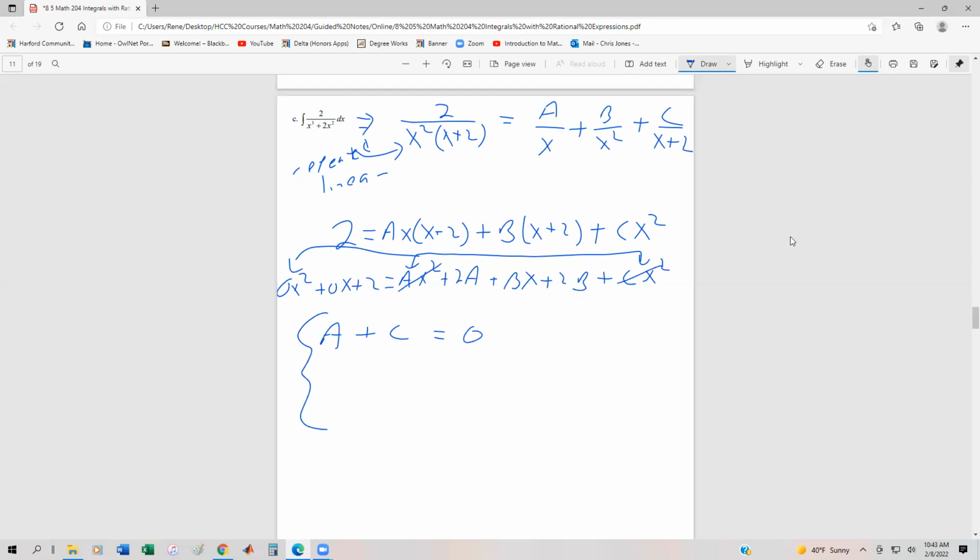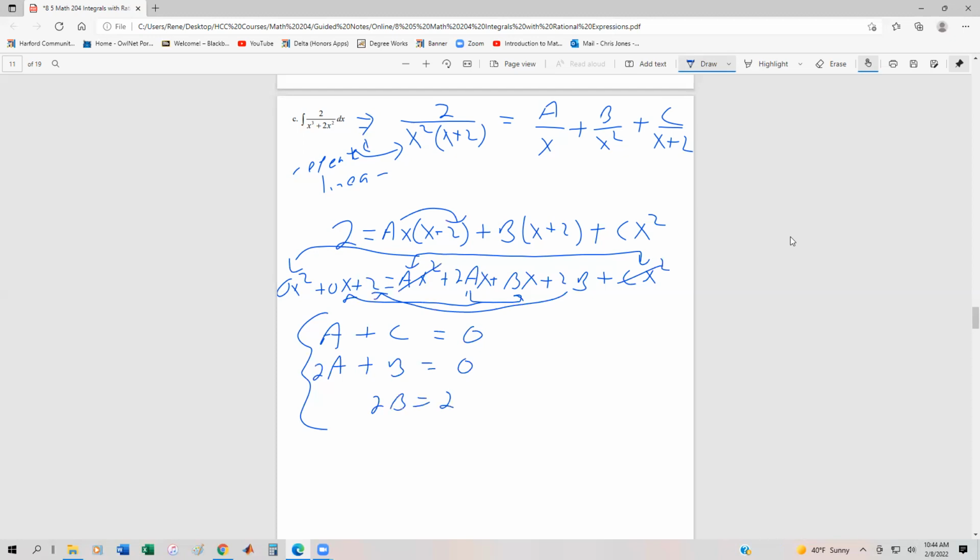Oh, this should be Ax. Excuse me, I forgot to distribute that through. So right here, this should be 2Ax. So we have two powers of x, 2Ax and Bx. That has to be equal to 0. So that means that 2A plus B is going to be equal to 0. And then nicely, we just have this 2B, which is going to be equal to 2.